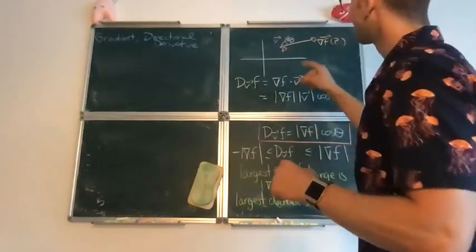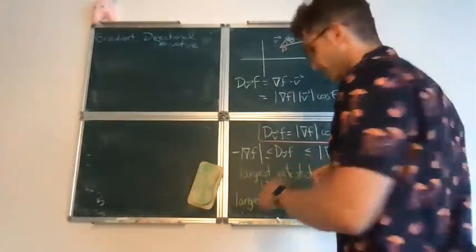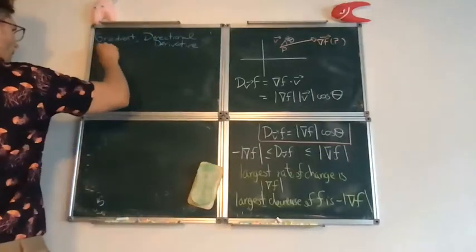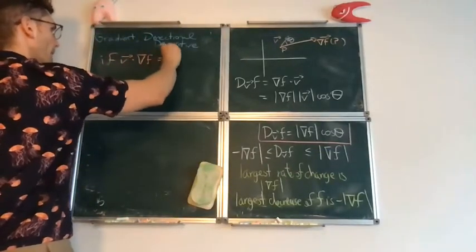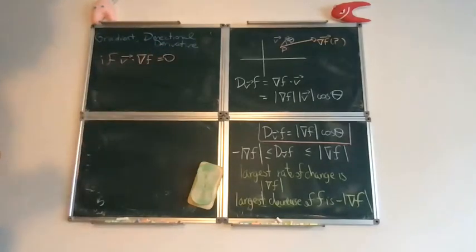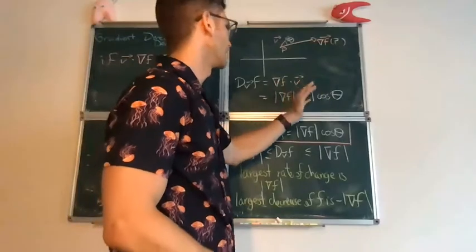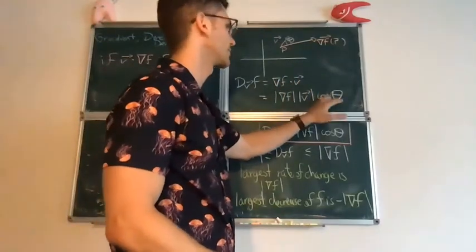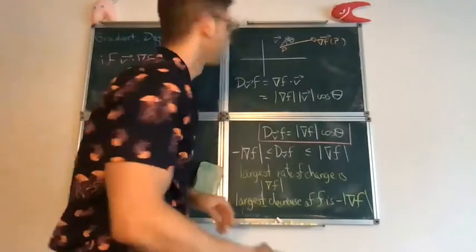So what happens if v happens to be perpendicular to the gradient? v dot the gradient equals 0, then if you look at this formula, the angle is 90 degrees, so the cosine is 0, so the directional derivative has to be 0.